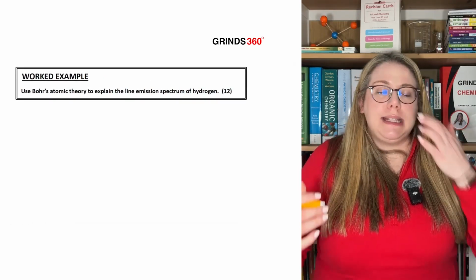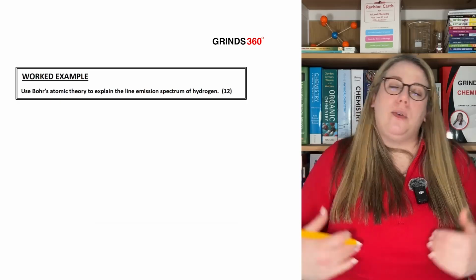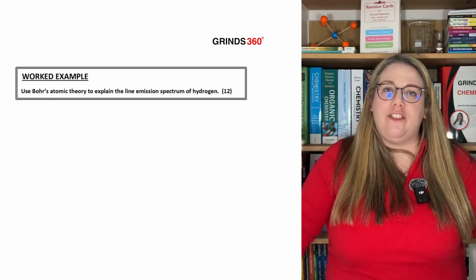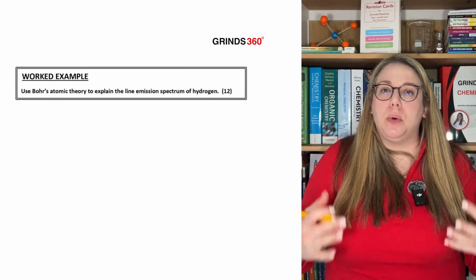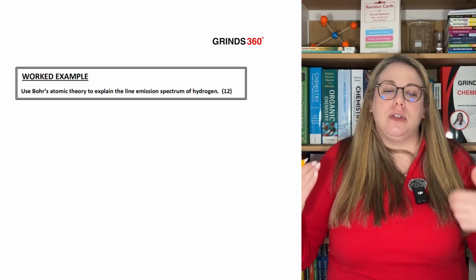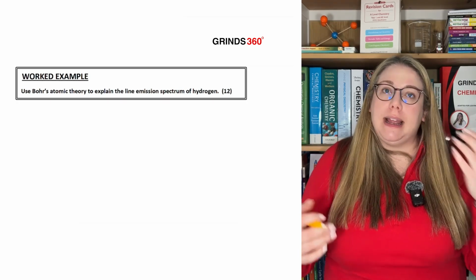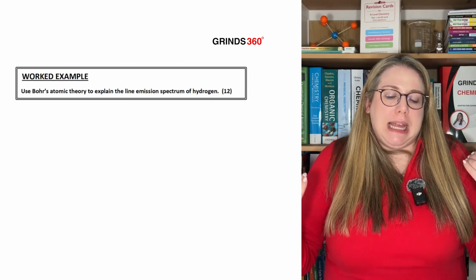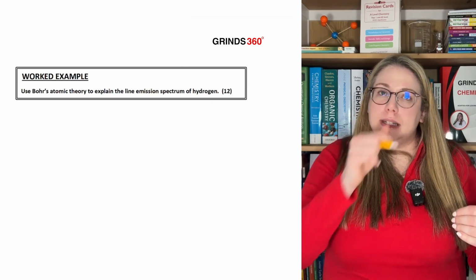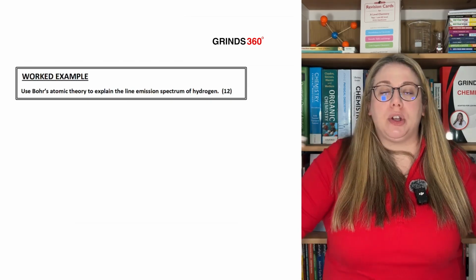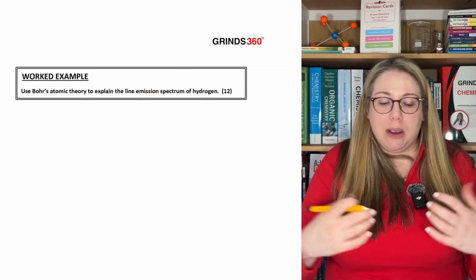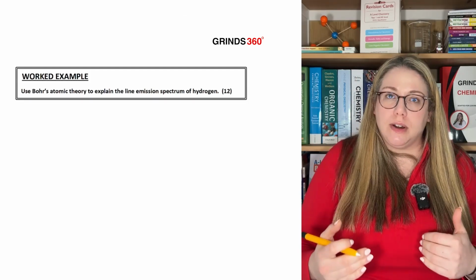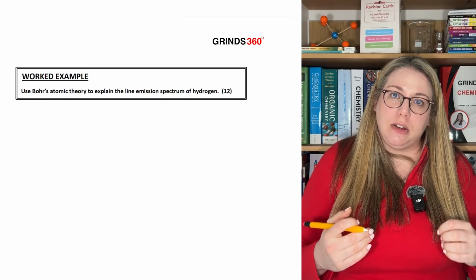Now, to be honest, in the notes, I've put a whole A4 page going in, explaining and fleshing out what happens in Bohr's atomic theory. And I drew you a lovely diagram showing your electron moving up and down energy levels and what happens there. To be honest, we're going to go into what you need for your exam, and we're going to try and condense that a little bit. Now, what I'm putting here is the shorter version of what's written out in full in your notes.